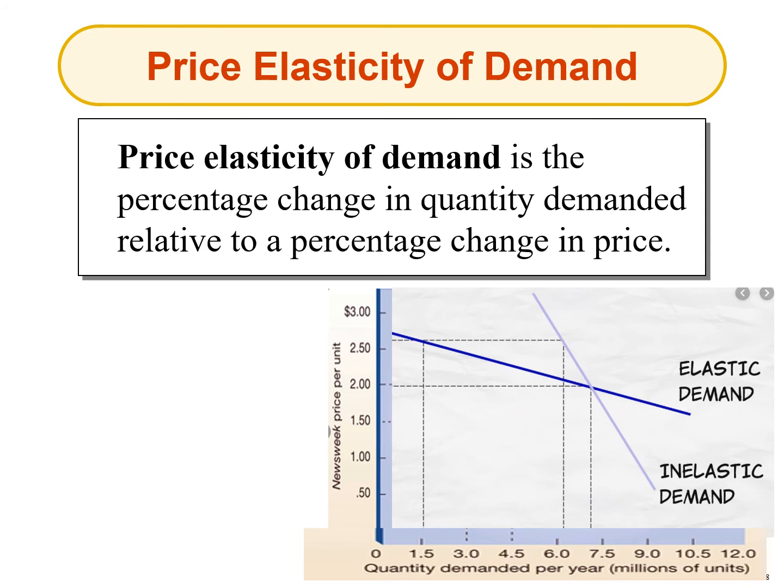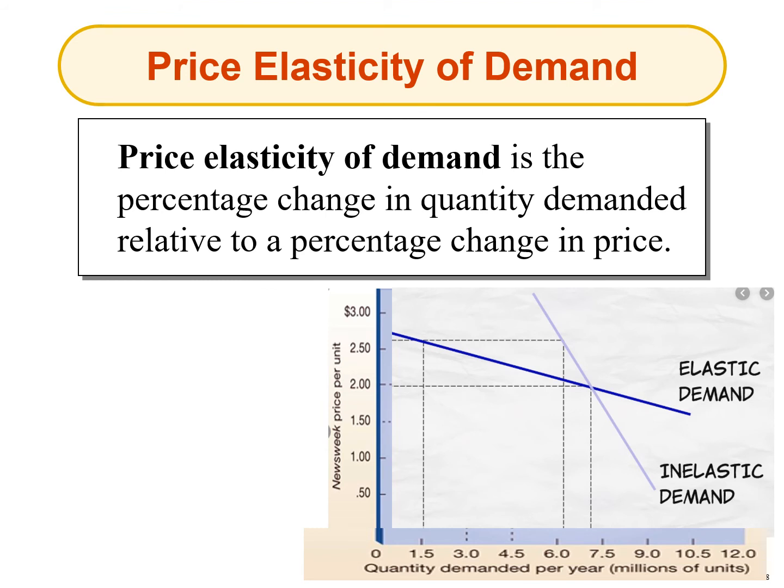However, now if you look at the lighter line over there, which says inelastic demand, when you reduced your price from 2.5 to 2, that is just 50 cents, again the same, you were able to increase your quantity sold from just 6 million units to 7.5 million units.